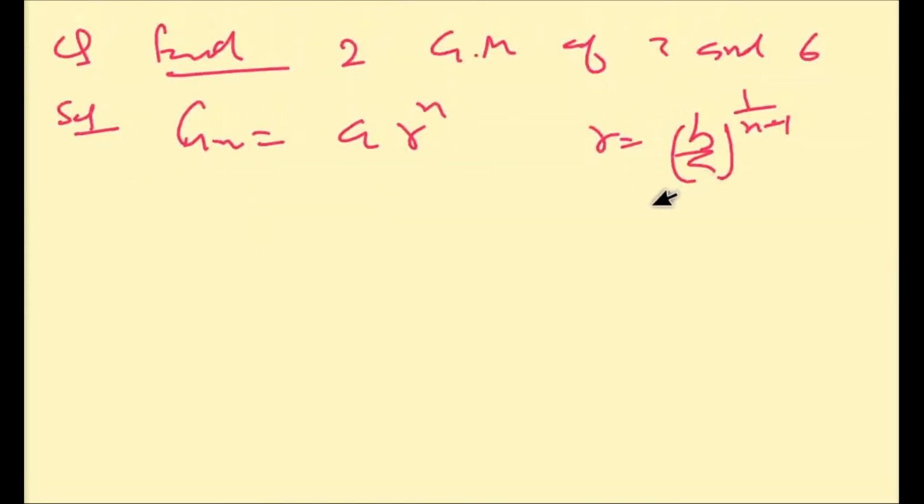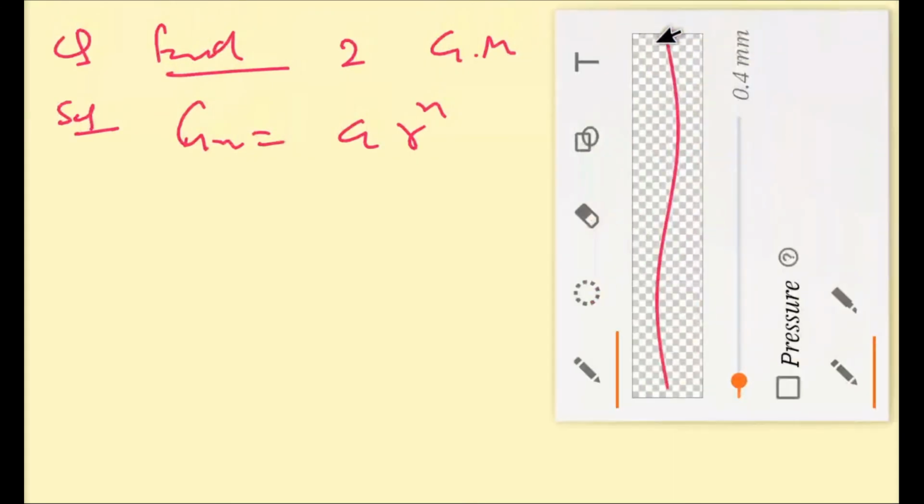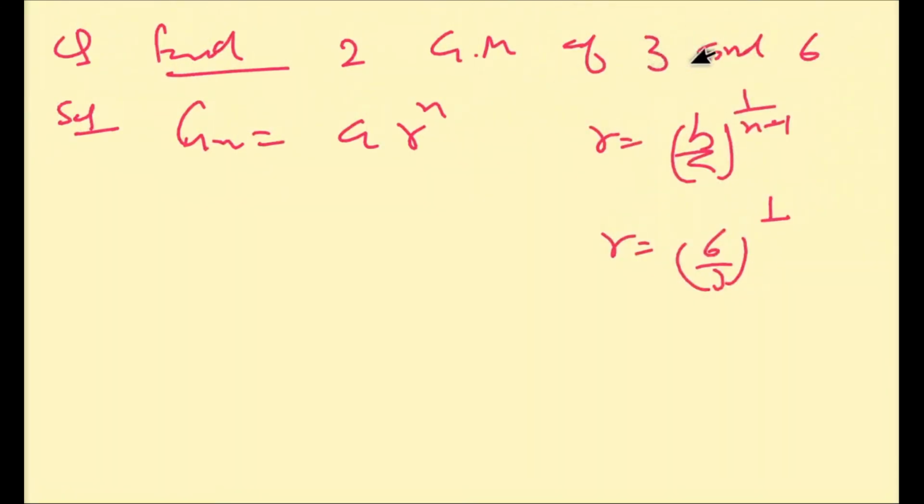So we can write here R equal to 6 upon 3 to the power, that is 2 geometric means between 3 and 6, so we can write 1 upon 3 plus 1. So we get 2 to the power 1 upon 4. Okay, student.